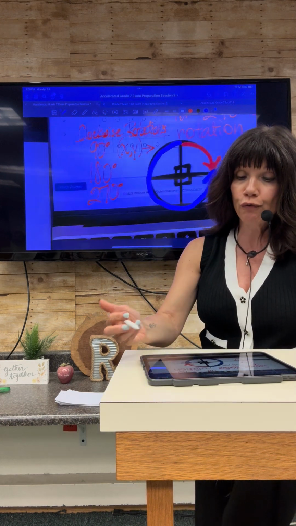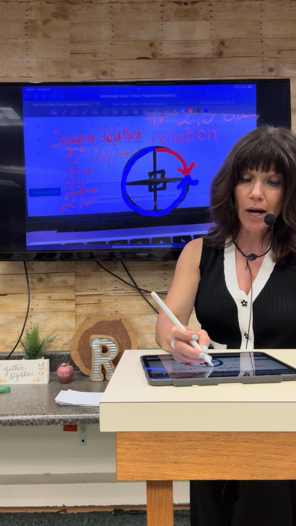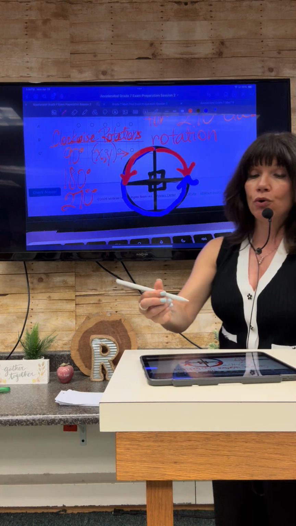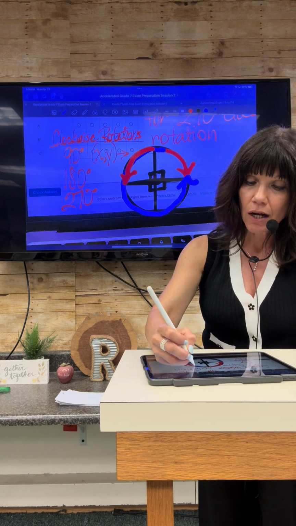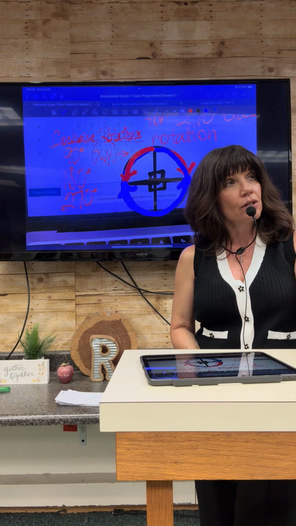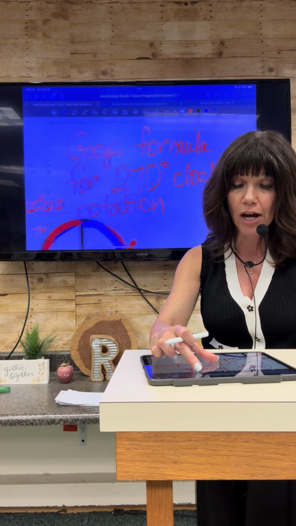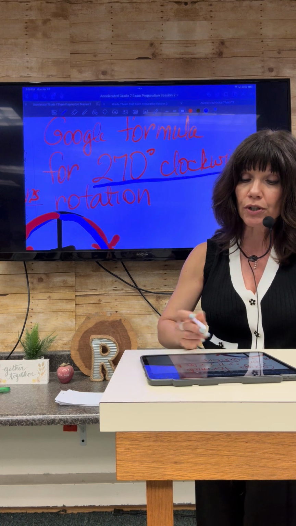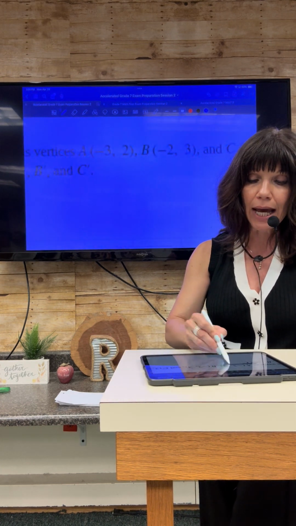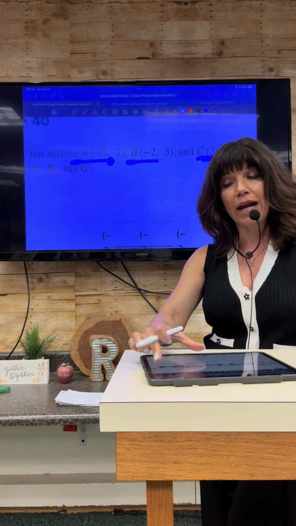If they ask you for a 90-degree counterclockwise, which one of these would you use? 270 degrees clockwise, because that gets you to the exact same point. So you do need to look those up. You do need to memorize them. For today, though, they just need you to use the 270 degrees clockwise rotation to change A, B, and C to their new ordered pairs.